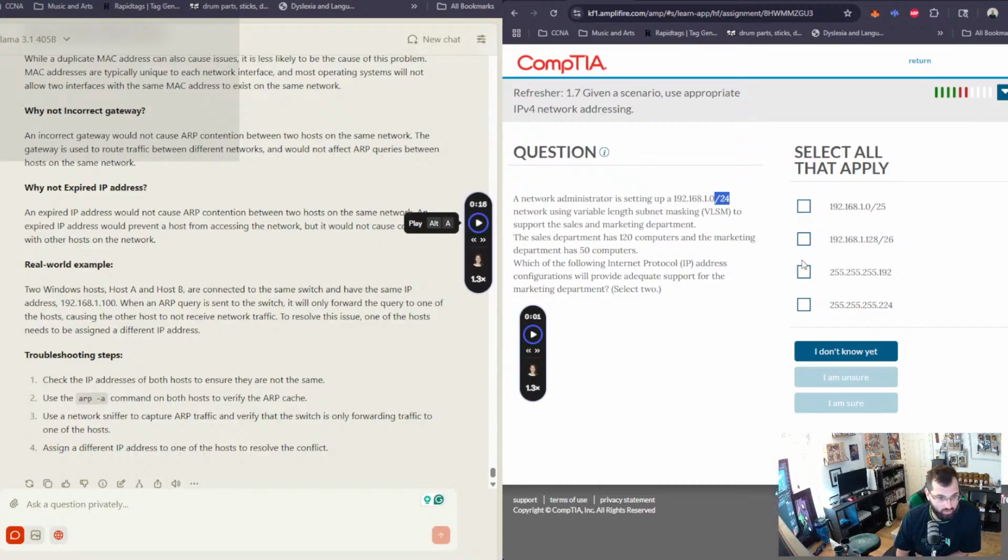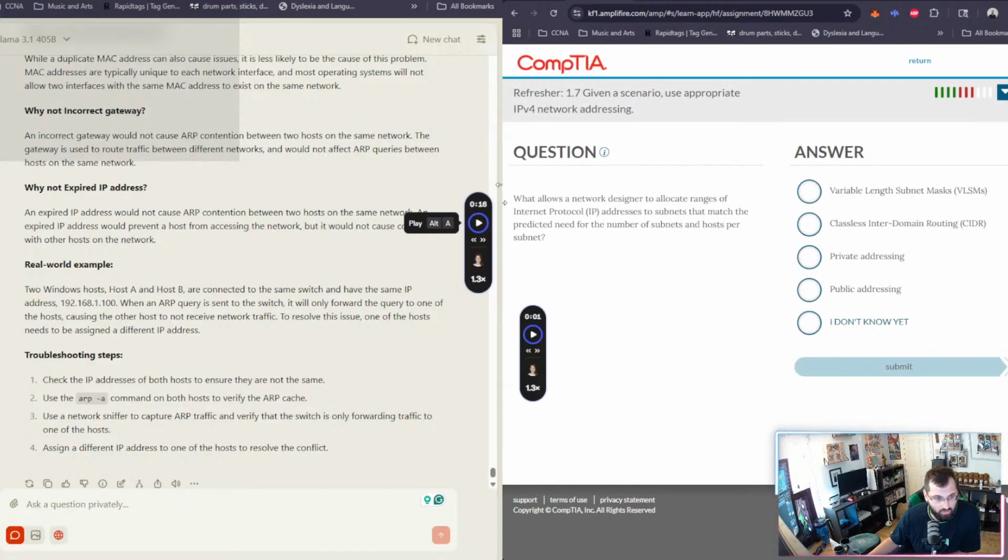So we want one that's gonna fit the sales department and one that's gonna fit the marketing department. Man, I cannot remember the math on this. Yeah, we're going to come back to it.